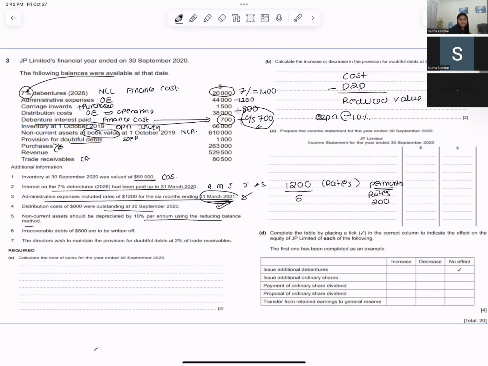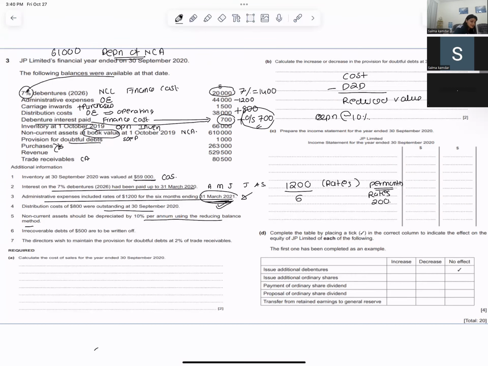So your depreciation at 10% is how much? It's 61,000. I am writing over here 61,000 is depreciation of non-current asset. With me?